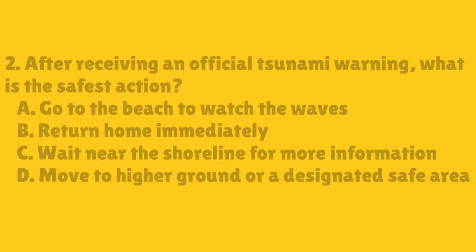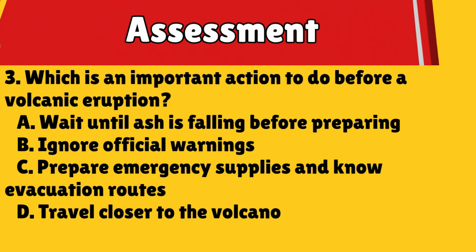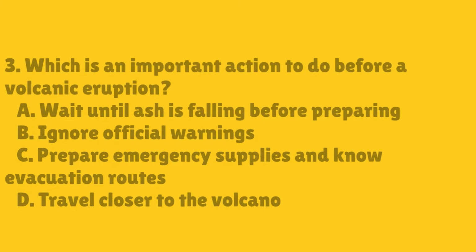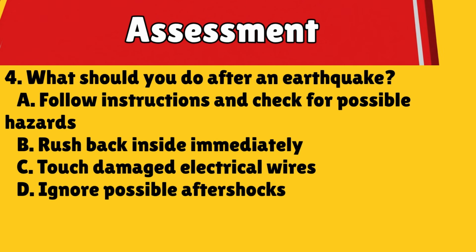Number 3. Which is an important action to do before a volcanic eruption? A. Wait until ash is falling before preparing. B. Ignore official warnings. C. Prepare emergency supplies and know evacuation routes. Or D. Travel closer to the volcano. Number 4. What should you do after an earthquake? A. Follow instructions and check for possible hazards. B. Rush back inside immediately.